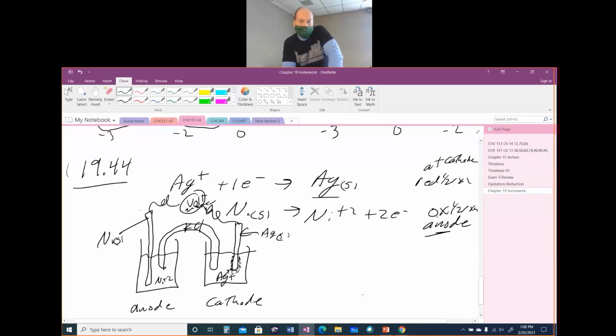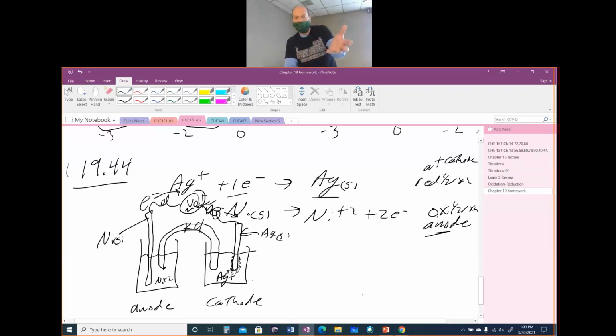Your electrons are flowing from anode to cathode. So the electrons are coming this way. So electrons are going into the cathode. And so the electron is reacting with the silver solution to form the silver metal. So the Ag plus is going out of the solution, and so it's building up a large negative charge because your silver was made with silver nitrate.